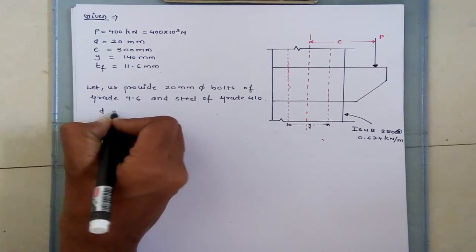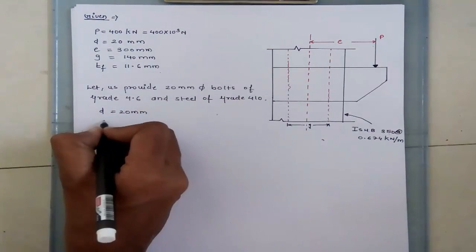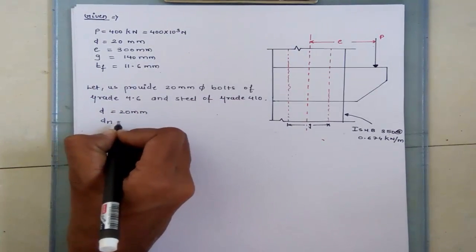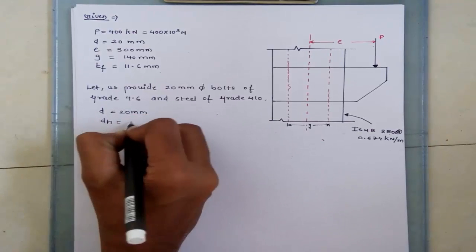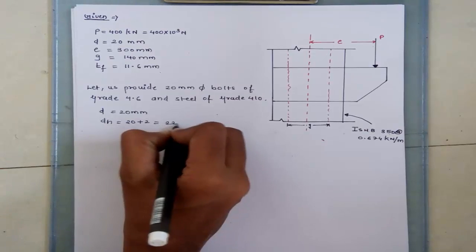So d equals 20 mm. The diameter is 20 and the nominal diameter dh equals 20 plus 2, that is 22 mm.